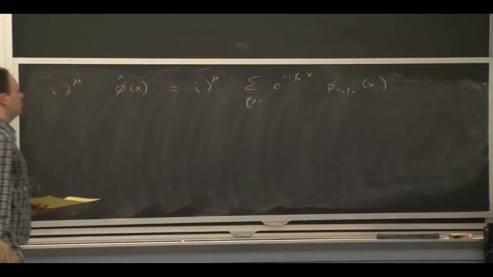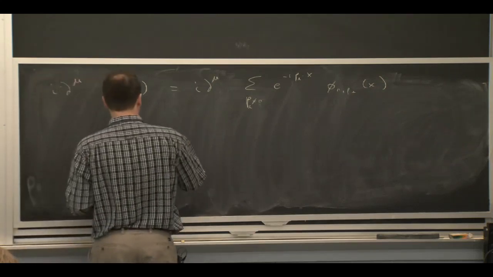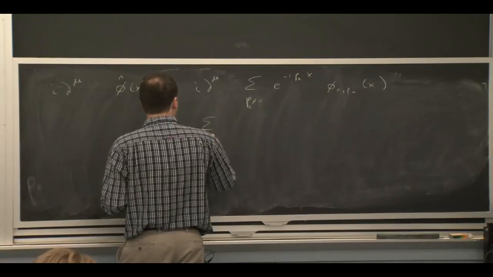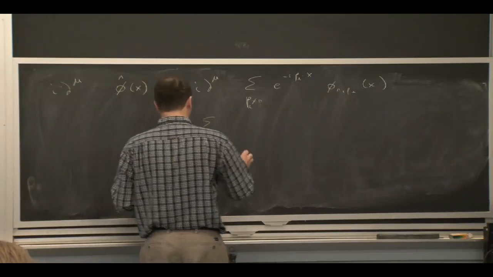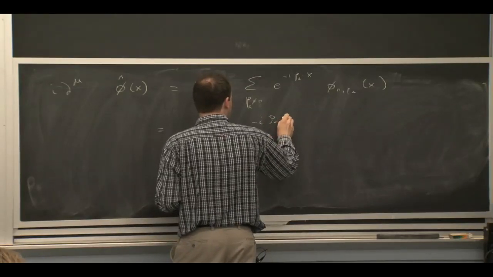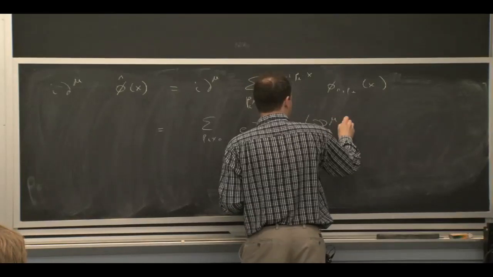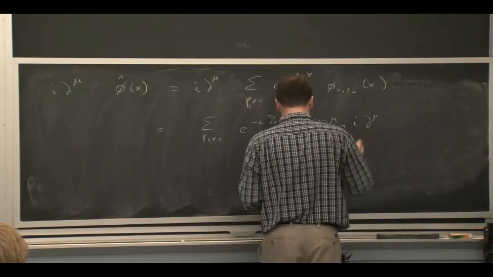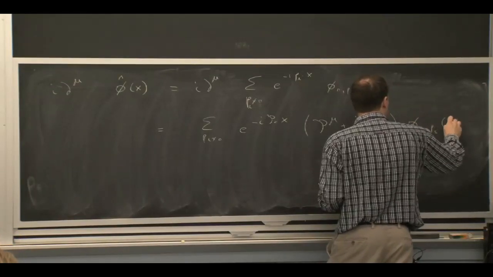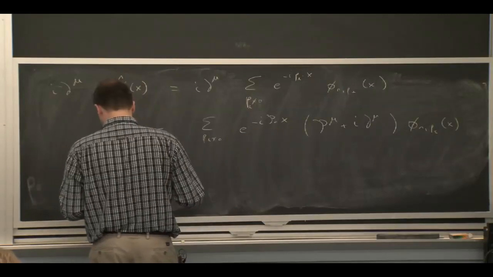And so there's two contributions from this derivative. It either hits the phase or it hits the field. And so if we go over to the label operator, we can write this partial derivative as a sum of two derivatives, which then we can take the sum over PL inside and write it as.